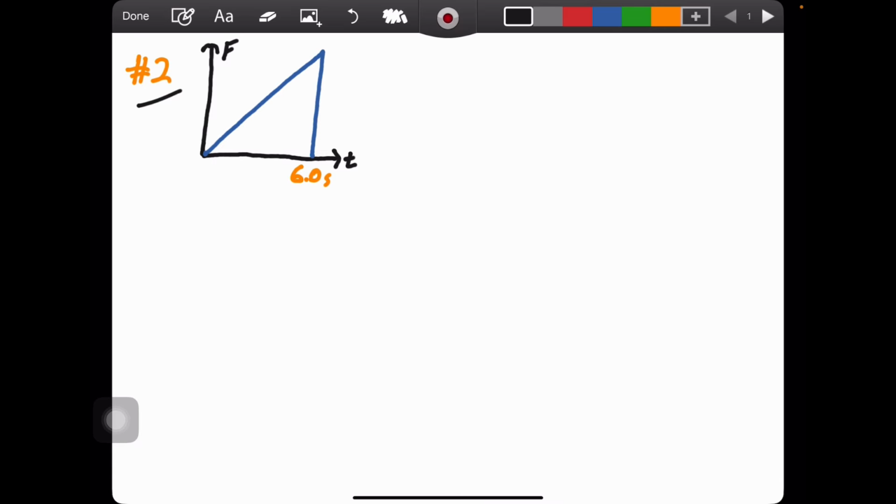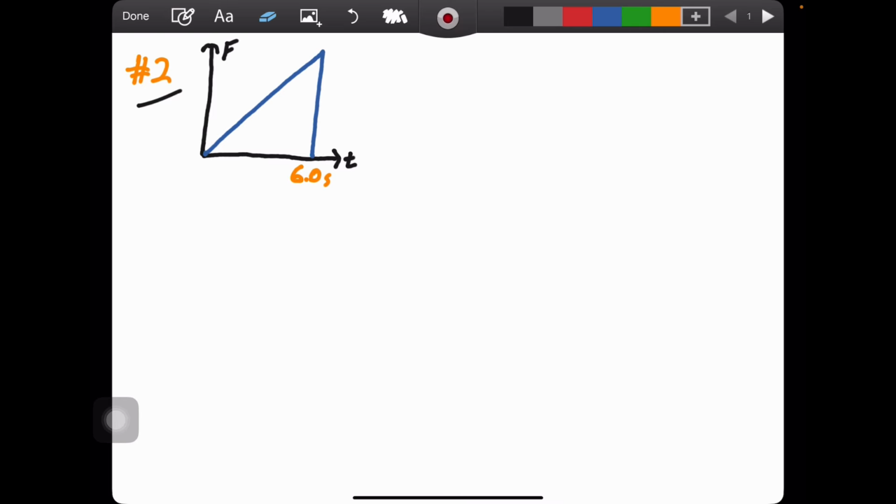I'm just finishing drawing this force versus time diagram. In this problem, we're told that there's a force being applied, and the rate at which the force is increasing is a constant rate, and that is why you see a straight line in this force versus time diagram.